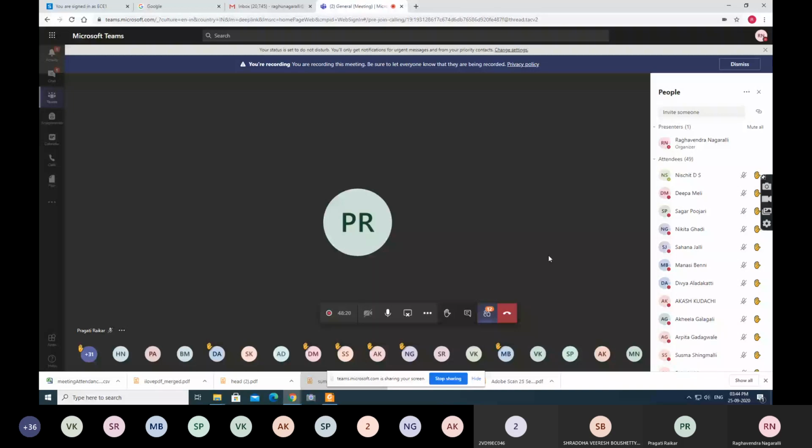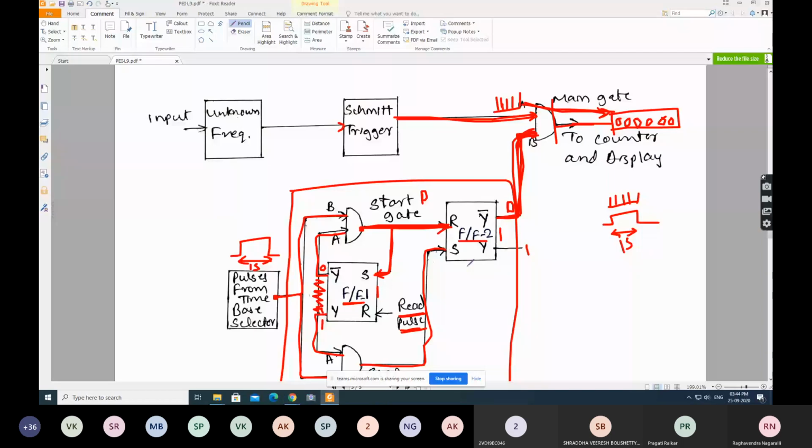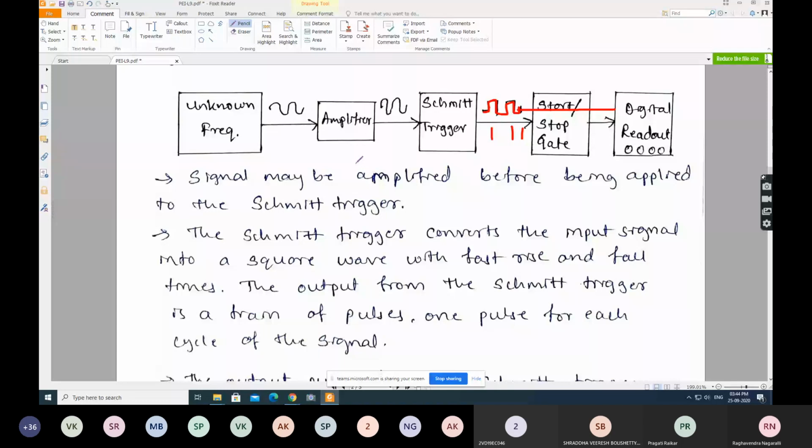Then we will wind up this class here only. In the next class, we will discuss the digital measurement of time, how we are going to measure the time. Today we have discussed the measurement of frequency using the block diagram. We have seen two circuits actually. One is the basic circuit showing the basic operations required for the measurement of the frequency, and the other one is the detailed block diagram, which has the gate control circuit.